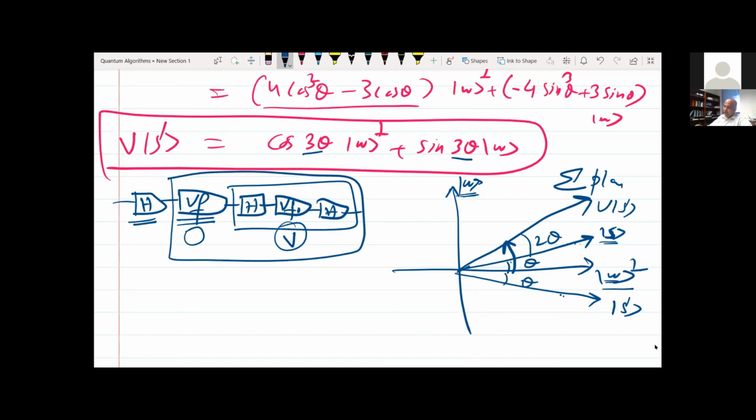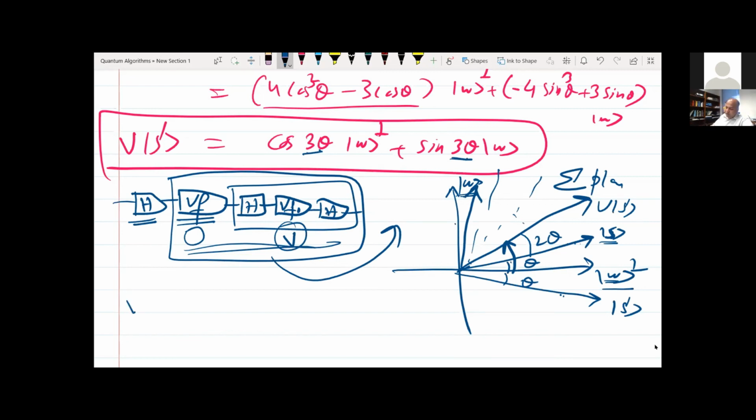Let's say I prepare its copy and put it here. So after another copy, this 3 theta will become 5 theta. And after R repetitions of this part, my vector will go from here to here, then here, and ultimately somewhere close towards the perpendicular axis.